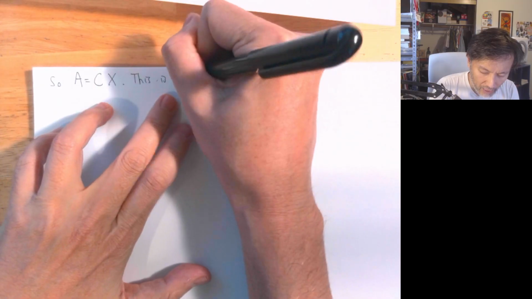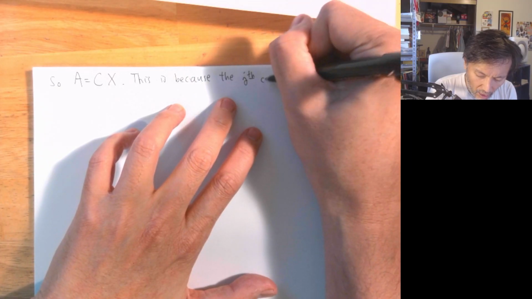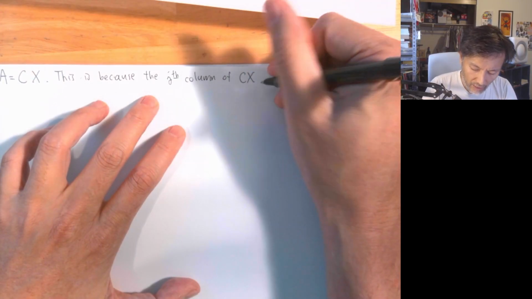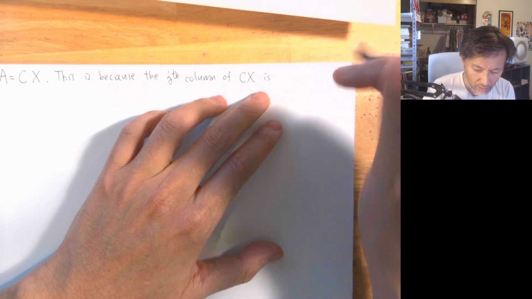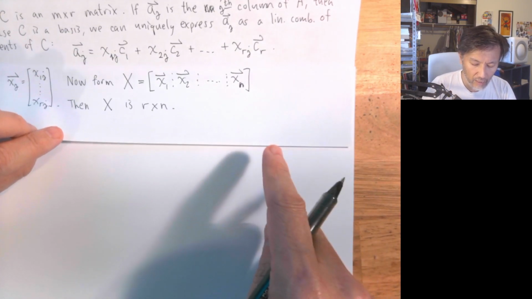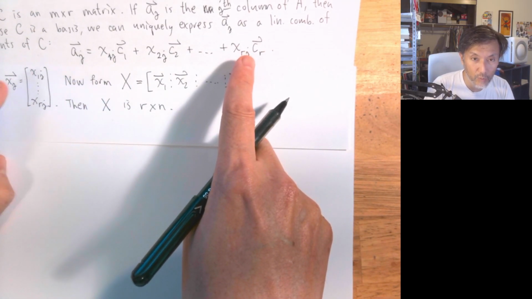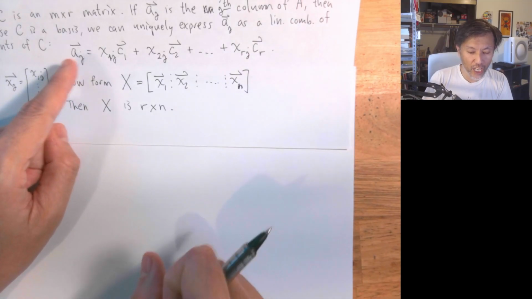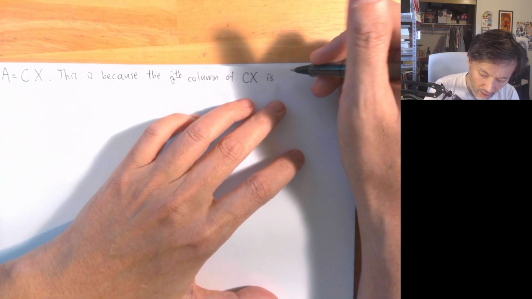This is because the jth column of CX is C times the jth column of X, but the jth column of X is precisely those entries in this vector X sub j, which are used in the construction of A sub j as a linear combination of the C's.